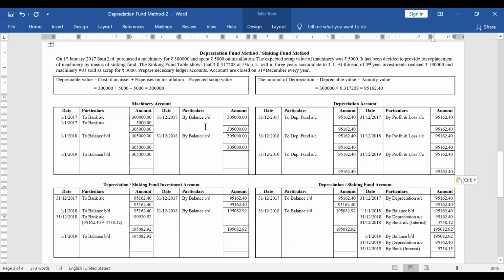Now the next entry here is for sale of investment. That is, you are told that at the end of the third year, investments are sold and the amount realized is rupees 1,90,000.